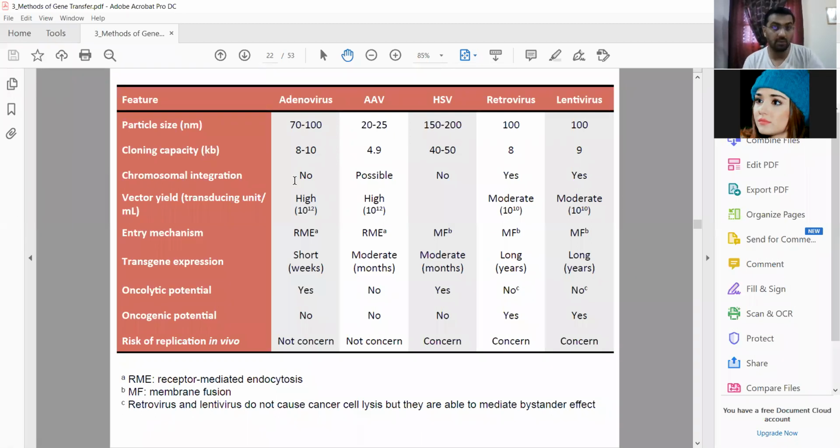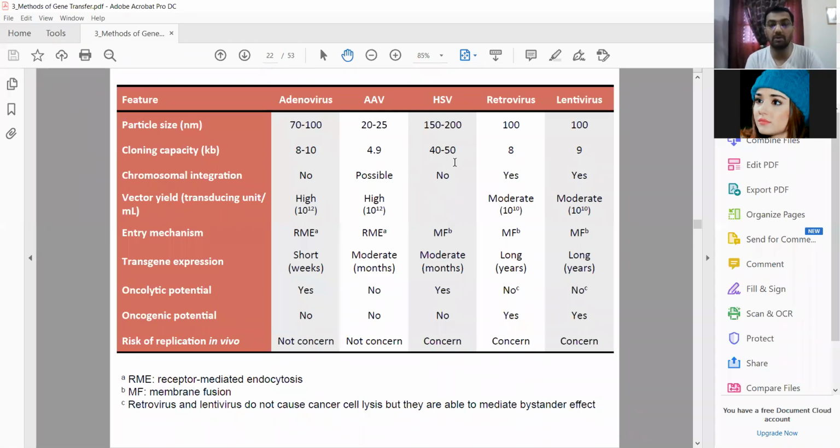Cloning capacity means what amount of transgene they could accommodate within themselves. Adenoviruses could accommodate almost 8 to 10 kb of fragment, adeno-associated virus almost 4.9 to 5 kb, and herpes simplex virus almost 40 to 50 kb of transgene.